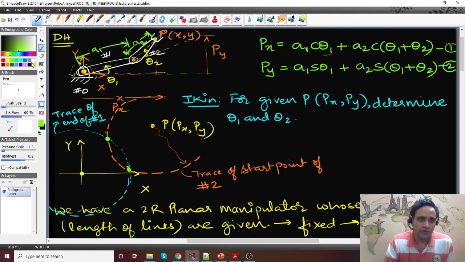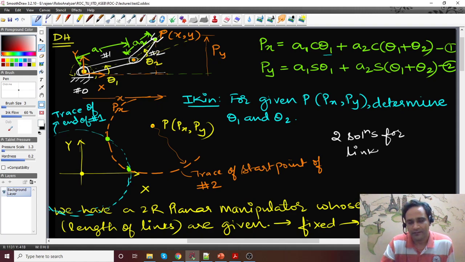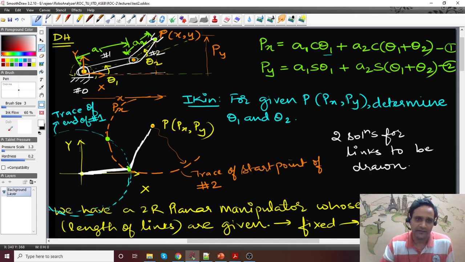Okay, so basically you have two solutions for links to be drawn. Okay, so what are the two solutions? I can connect the first link like this, and I can then connect the second link like this.